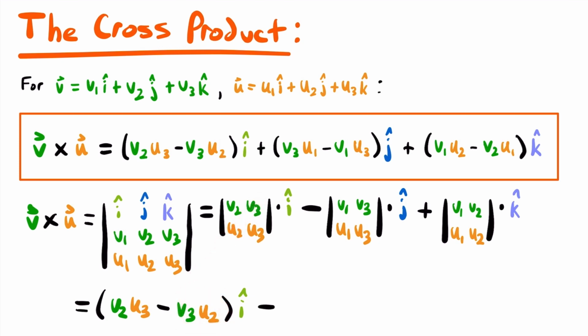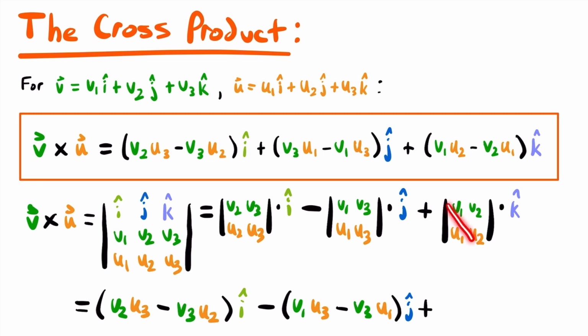Now we're subtracting the next determinant, and this time we're going to have v1 times u3 minus v3 times u1, and that will be multiplied by vector j. And so once again, we took v1 times u3 right here, and then we subtracted v3 times u1, which is right here.